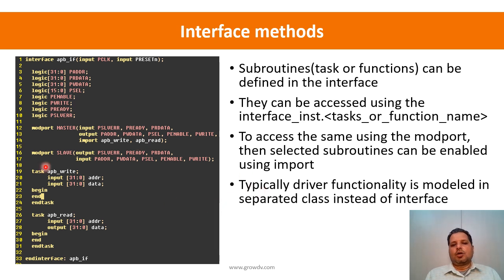But generally this type of driving functionality is modeled as a separate driver. Even in our FIFO test bench we have seen it through the class instead of directly putting it in the interface. But there are some special use cases where they do it, for overcoming some sort of limitations that exist.